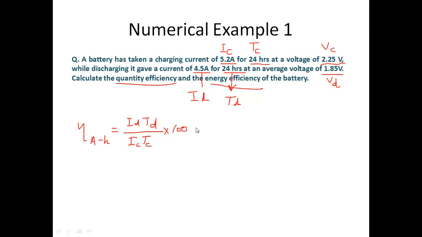So when we put these values, ID is 4.5 ampere, into TD, the discharge time, that is 24 hours, divided by IC, the charging current, which is 5.2 ampere, multiplied by the charging time, that is also 24 hours, into 100.